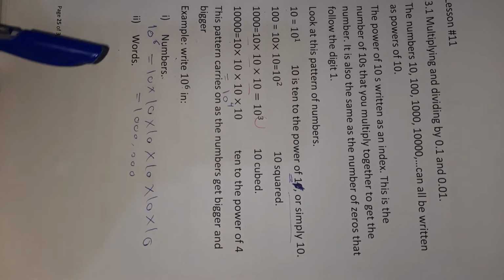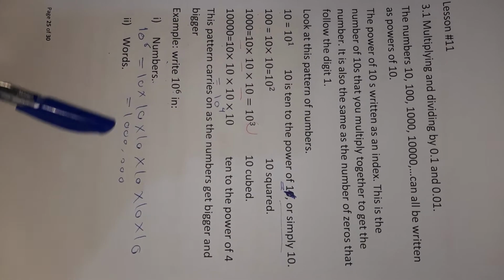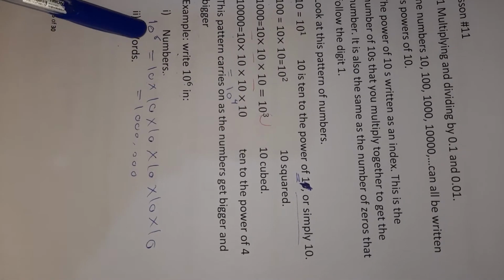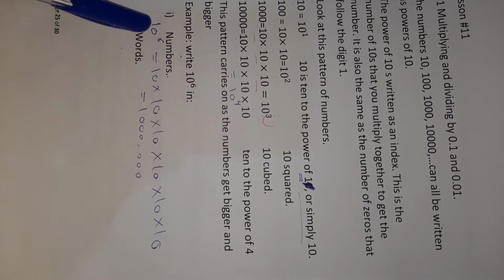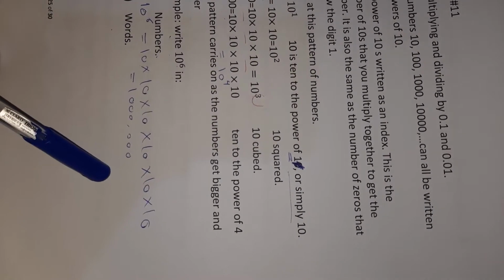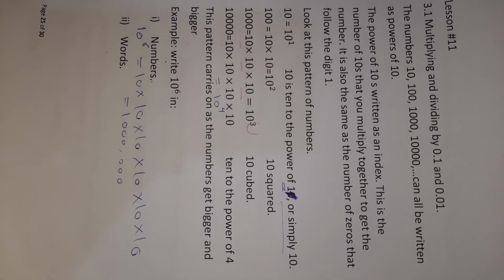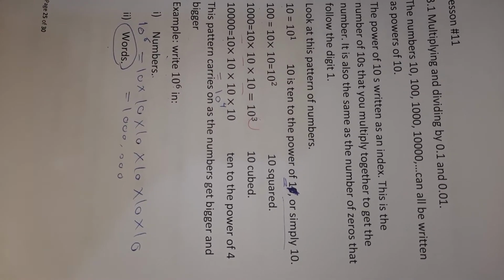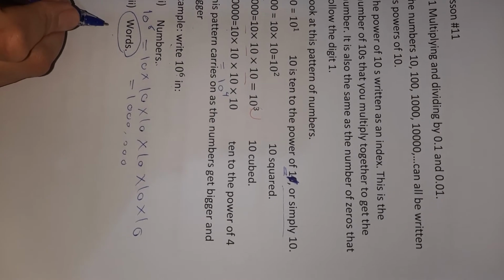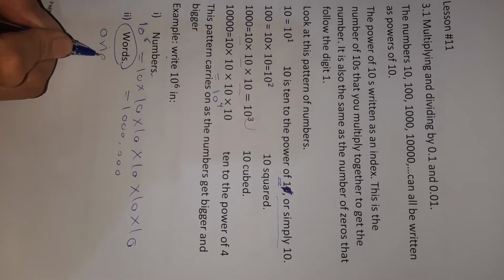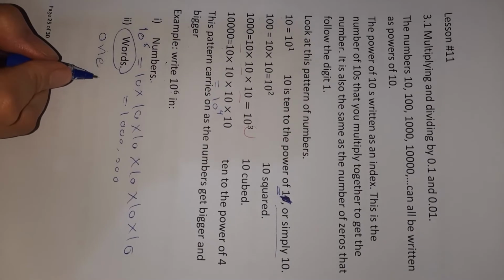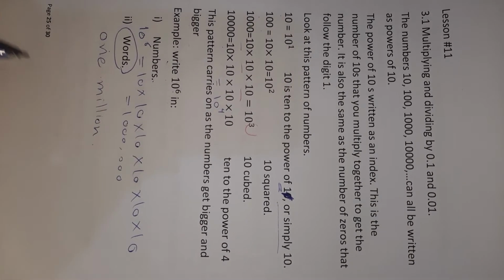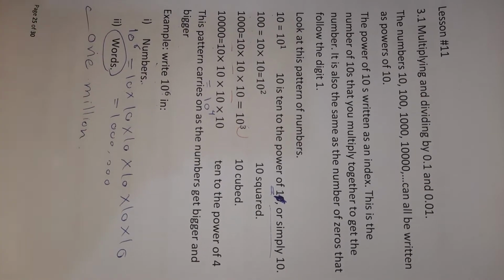So 10 to the power of 6 means 6 zeros, 10 to the power of 7 means 7 zeros, 10 to the power of 8 means 8 zeros, and so on. Now in words, it is 1 million. This is the answer in words.